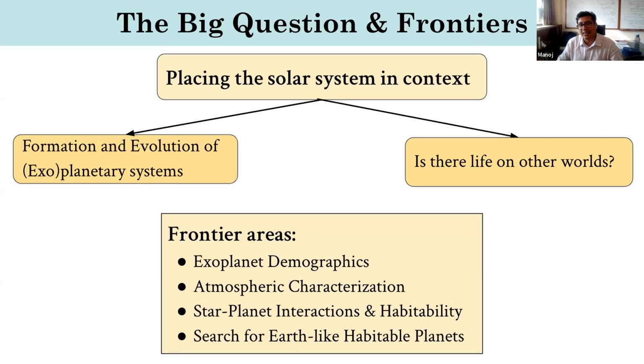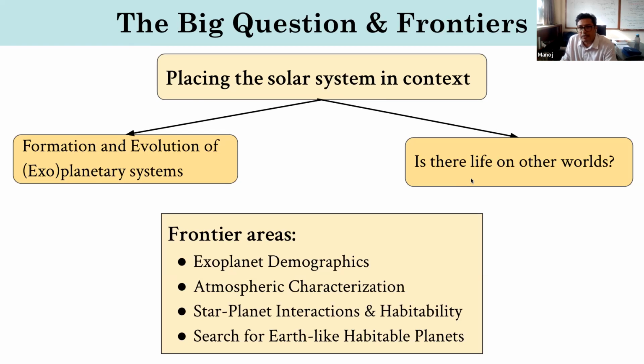I think the overriding motivation or aim, in my opinion, is placing the solar system in context: to understand how a planetary system like our solar system forms as a part of the star formation process, and to understand the processes that drive planet formation. That's one. And then of course, asking the question: is the solar system a cosmic rarity, or a galactic commonplace? Is our solar system quite common in our galaxy, or is it unique?